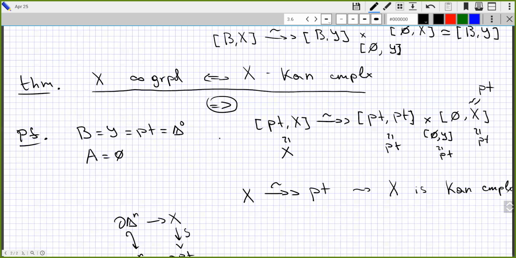You know, actually, you're right. We proved that any infinity groupoid is a contractible complex. Yes.